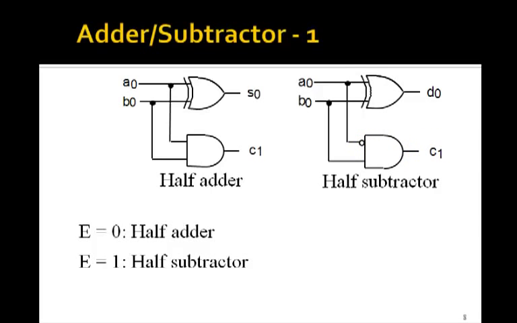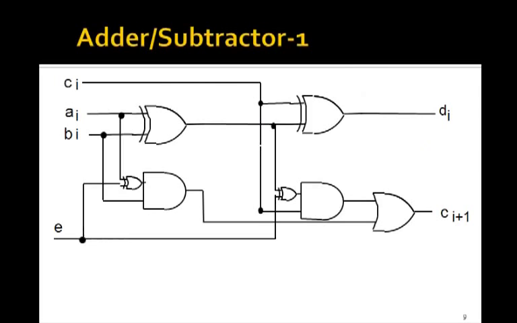Remember, exclusive OR gate we can use as a controlled inverter. So if we make E equals 0, we want to get this picture. We want E equals 1 to get this picture. So here's how we can make an adder subtractor in one circuit. This is the bubble, sort of a controlled bubble. So if we bring in E here, then when E is 0, A gets through.